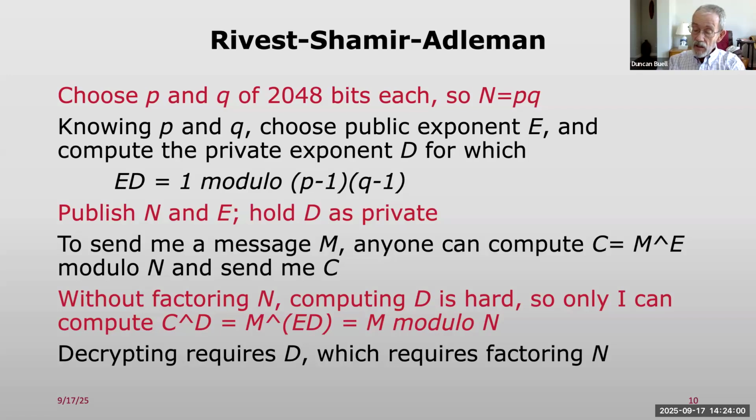We know we can do it, but if it's going to take until the sun burns out to factor one of these numbers, then you've got a pretty secure crypto system. And this is RSA.